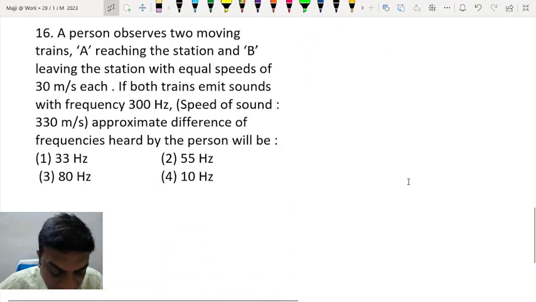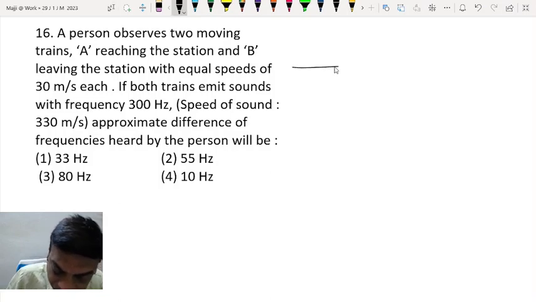A person observes two moving trains, A reaching the station and B leaving the station with equal speeds of 30 meters per second each. If both trains emit sounds with frequency 300 Hz, then find the approximate difference. So a person is standing like this. One train is approaching. Okay.